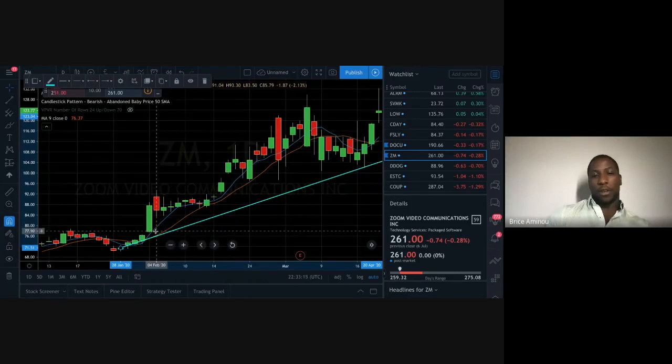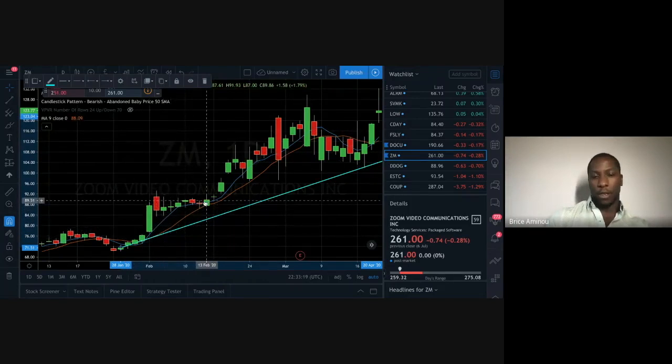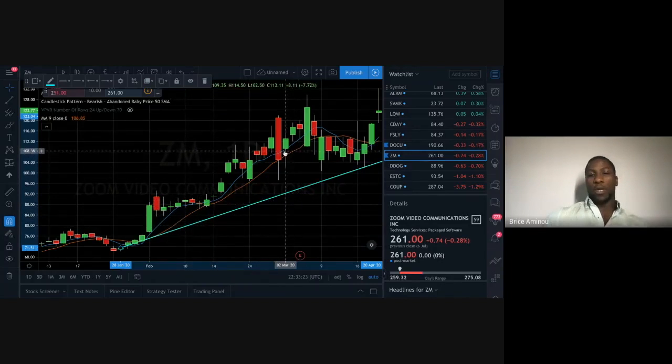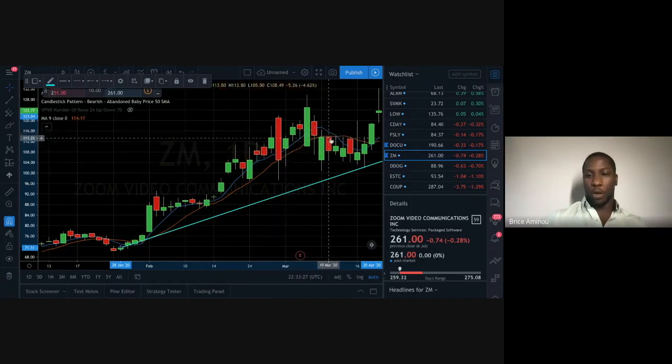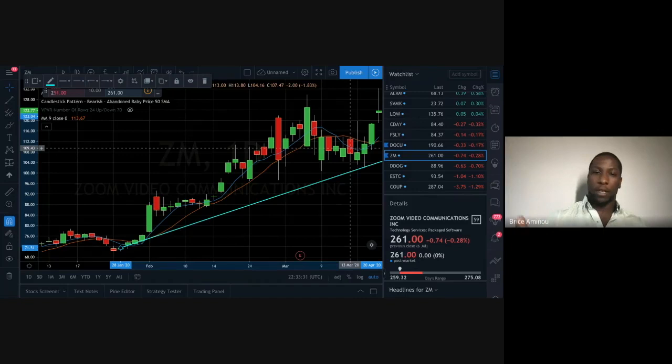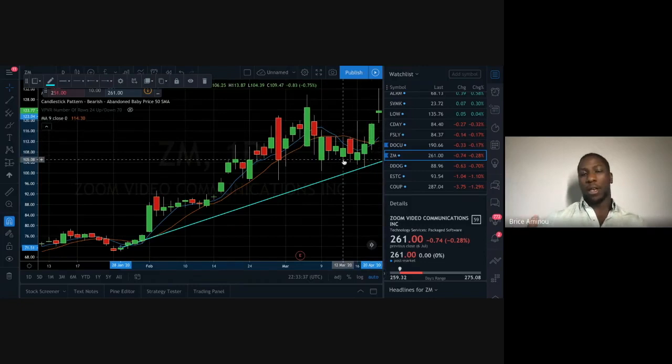You see the two lines here, the blue line and the red line under it. Every time the blue line crosses under the red line, it's an entry point to buy the stock, because I expect it to go higher after. In that scenario it's mostly for trendy stocks, so first you have to make sure the stock is trendy.